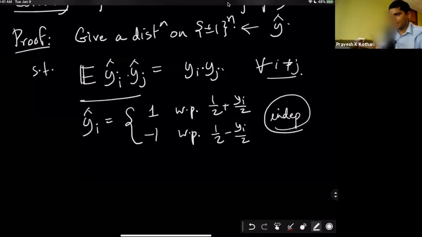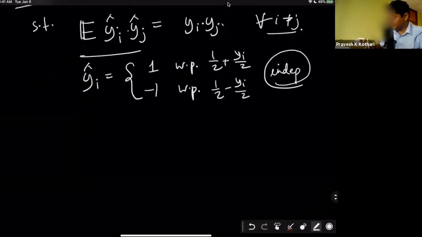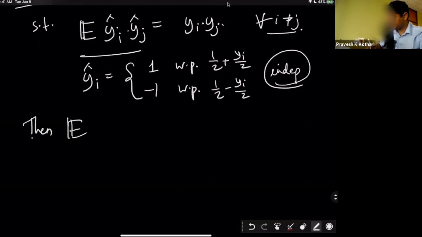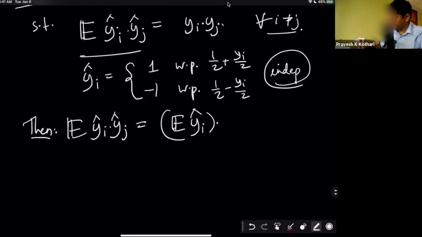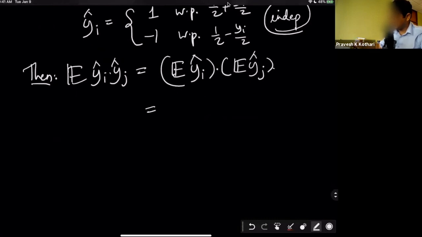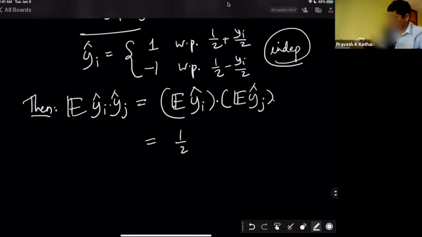Okay. So now what? Well, then E[y hat_i y hat_j], where the expectation is over the random choices in defining y hat, and y we are assuming is fixed, equals E[y hat_i] times E[y hat_j]. And then it simply equals, so what's the expectation of y hat_i?